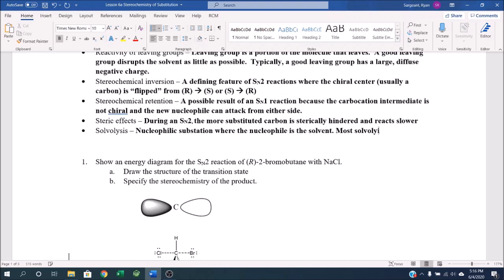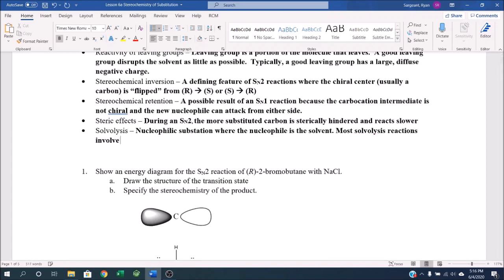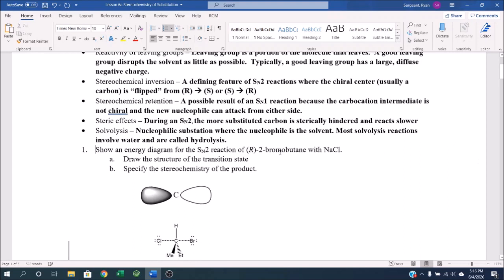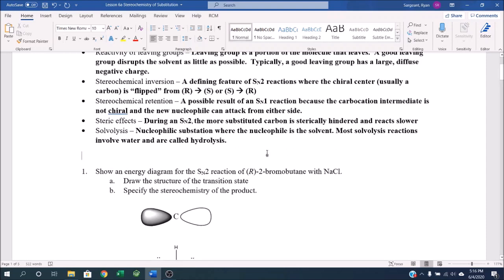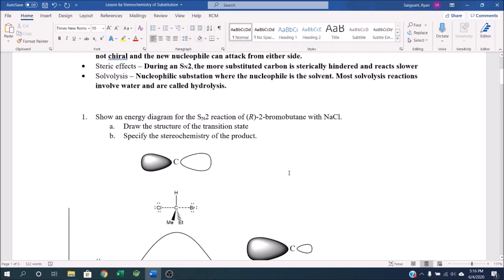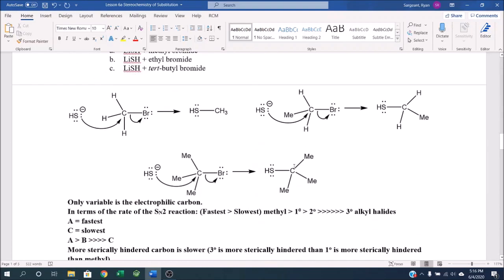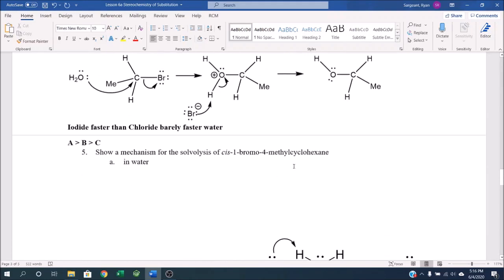Most solvolysis reactions involve water and are called hydrolysis. And when I say most here, I mean most of the ones that we teach you in the course of a class. I'm sure there are a lot of other solvolysis reactions that occur in a laboratory, and I haven't run a survey of all laboratories in the world to know which is the most common. On paper, it's usually water.